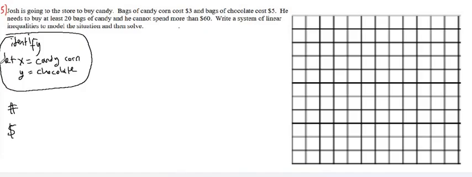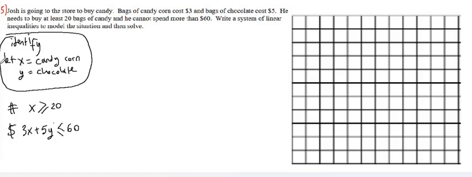Candy corn costs $3, so 3x, and a bag of chocolate costs $5, so 5y, and he cannot spend more than $60. So the maximum money he can spend is $60, meaning less than or equal to 60. And he needs to buy at least 20 bags of candy. Candy is the x variable, so x is greater than or equal to 20 bags.